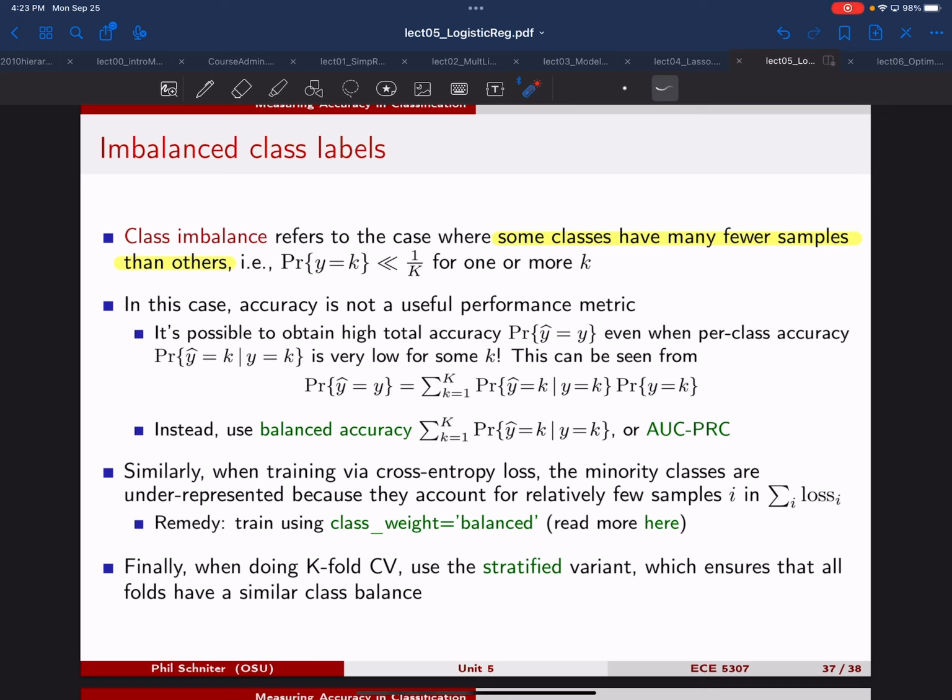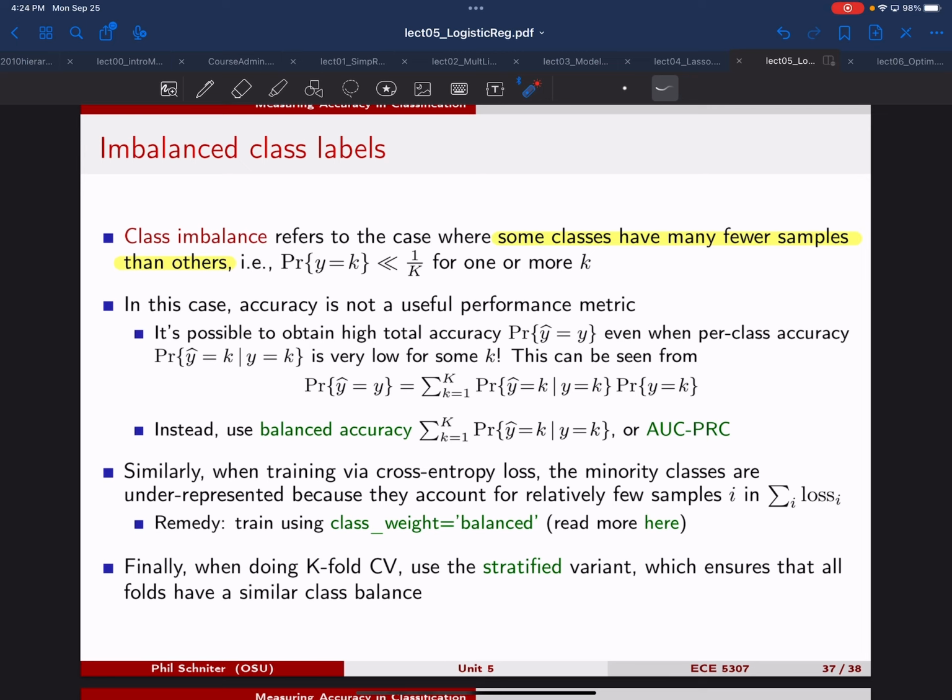Let's say you're doing something like COVID testing. And let's say your population you're testing is 99% healthy, 1% sick. So think about that case. If somebody told you that they had a 99% accurate test, should you be impressed?